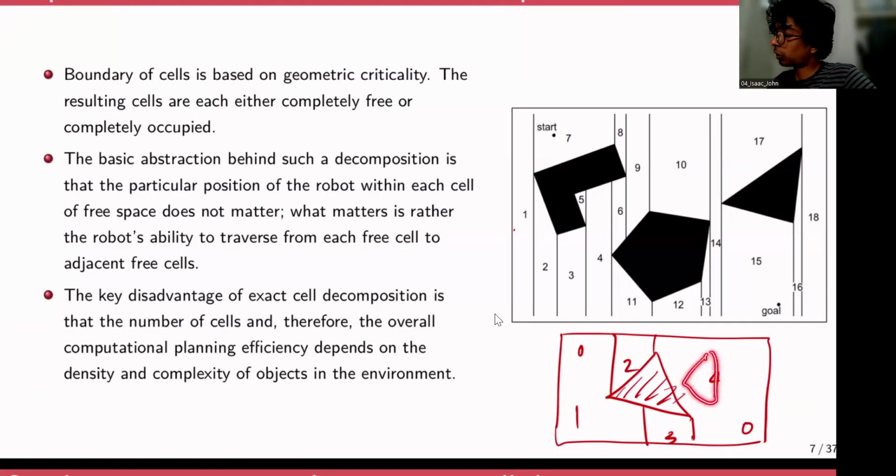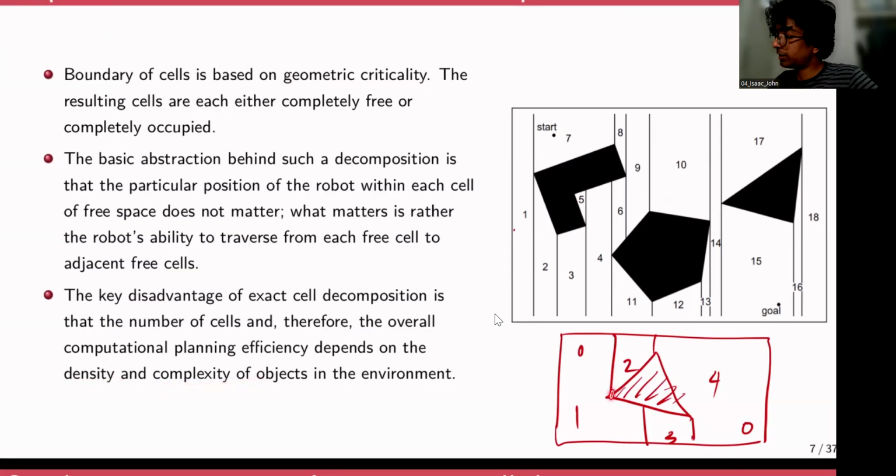But if there are more obstacles or more features within this environment, the level of resolution or discretization would increase. So as you can see, the efficiency and the computational planning is a function of the density, the number of obstacles, as well as the complexity of the obstacles in the environment.